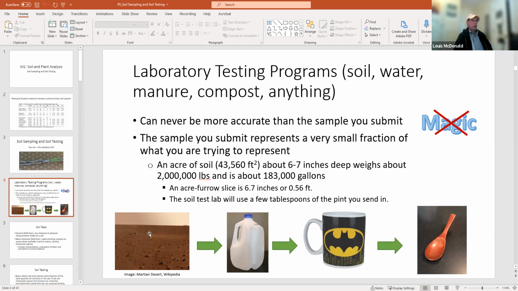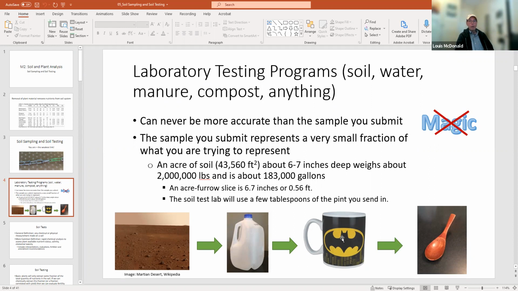But you can imagine this is a field, and in your sample collection, you are going to collect maybe a gallon. Of that gallon, you're going to send in about a cup to the soil test lab.